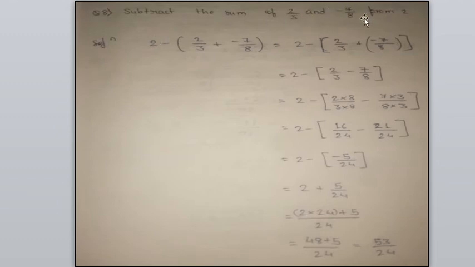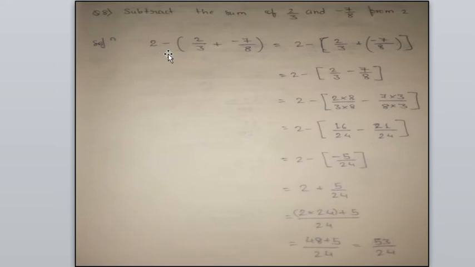So according to the question, our equation will be 2 minus, in bracket, 2 by 3 plus minus 7 by 8. So as it is given, subtract the sum of 2 by 3 and minus 7 by 8 from 2.